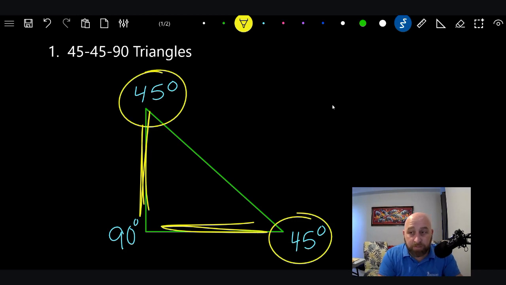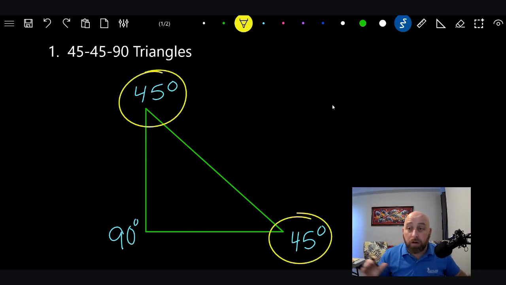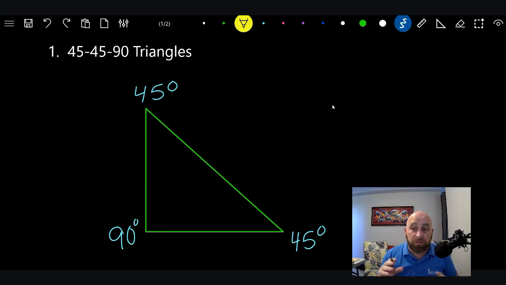No matter how big or small you make the triangle, it's always going to keep those two legs equal because those angles are equal. So instead of calling them a number, let's call them a variable. Let's call them x.